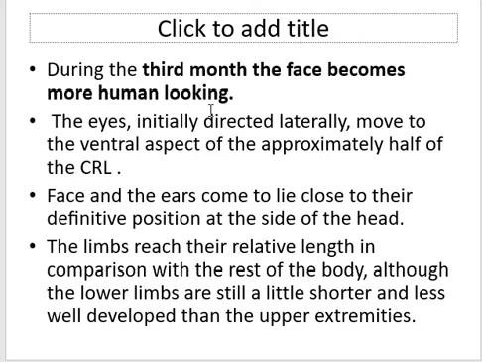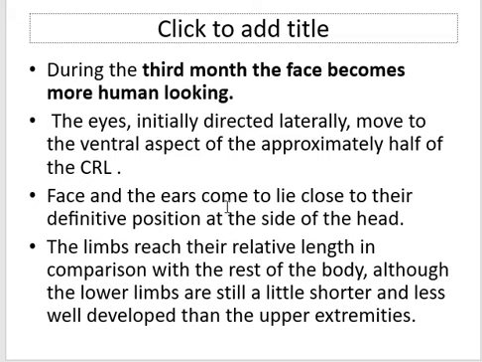Now, the face becomes more human looking during the third month. The eyes initially, which were directed laterally, move to the ventral aspect of the face. Okay, eyes now they are going to the ventral aspect.